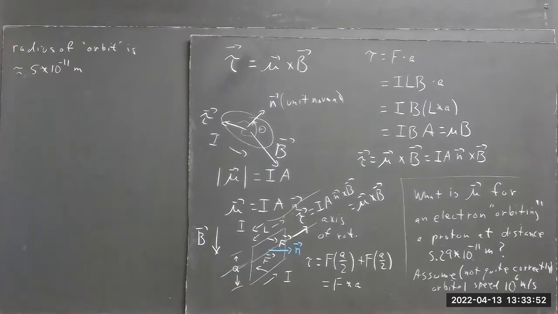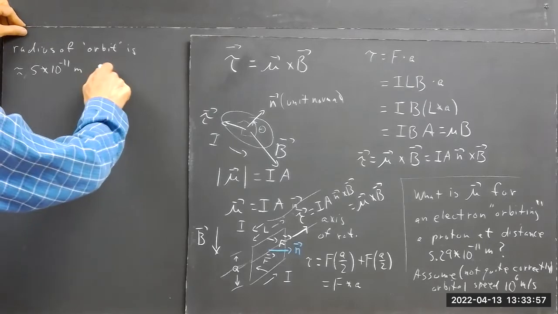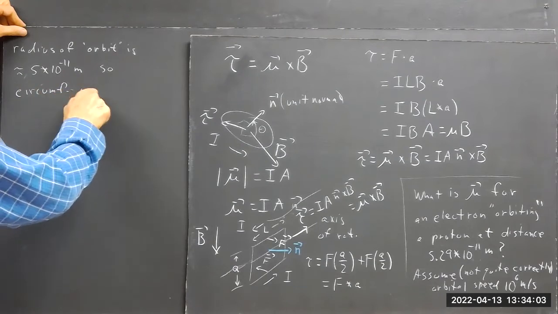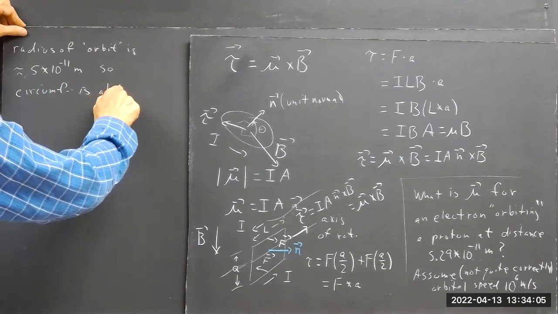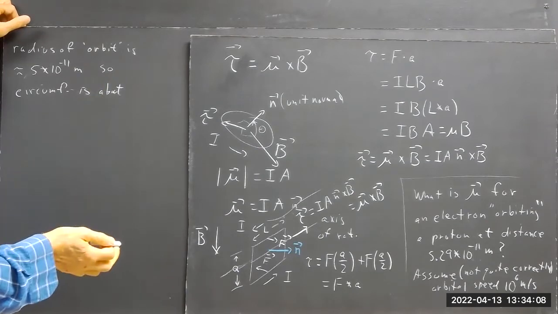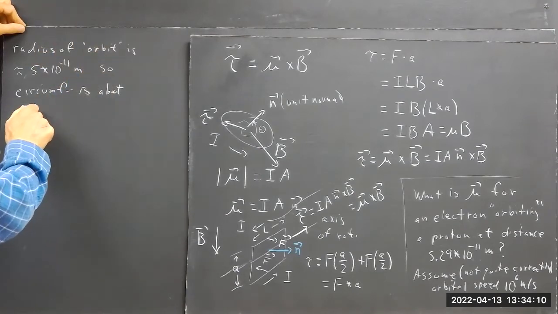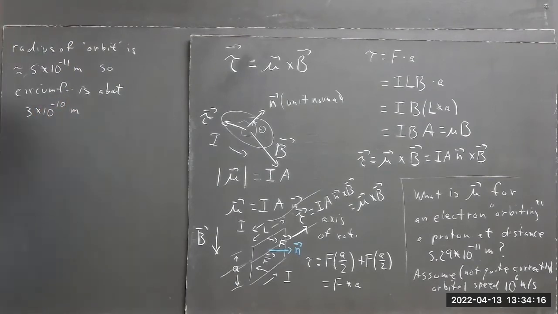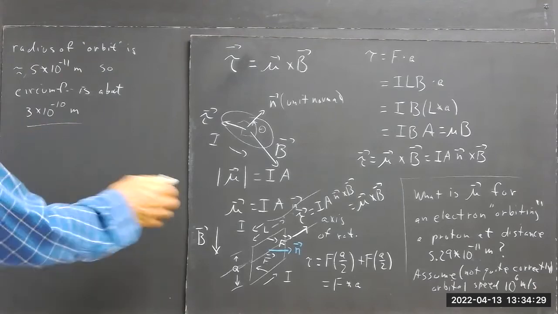So let's just round it off to 5 so we have easy numbers to work with. So the circumference is about 3 times 10 to the negative 10th meters, which is about 10 to the negative 11th feet, coincidentally, but we're not worried about that. Circumference is about this.